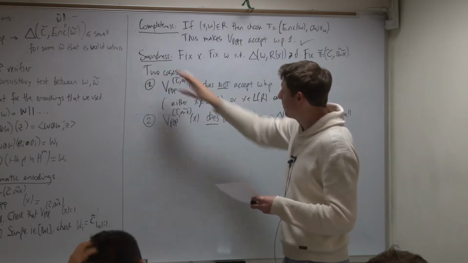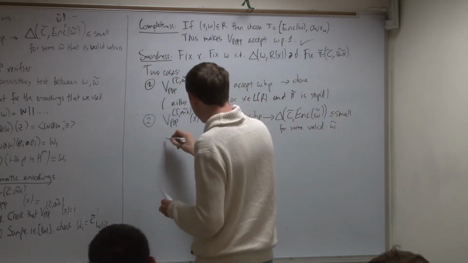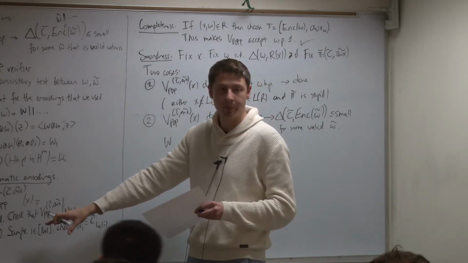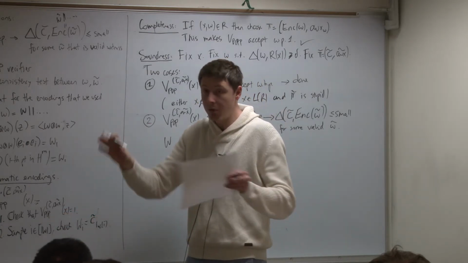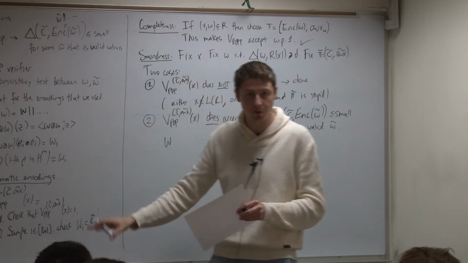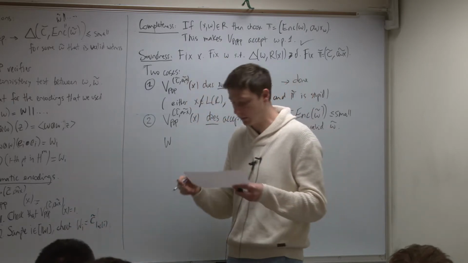But remember, we're in the soundness case. So in this case, we have two tests. One is passing with high probability. Overall, we need to reject with high probability. So we must argue that the consistency check will fail with high probability. Right?